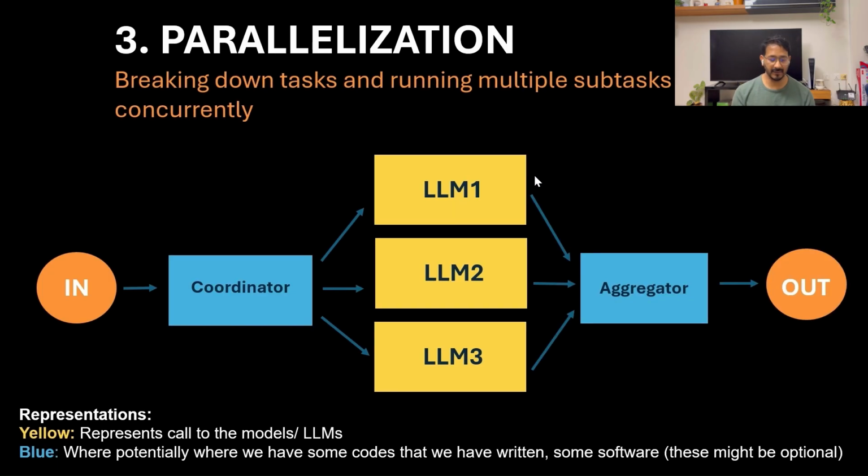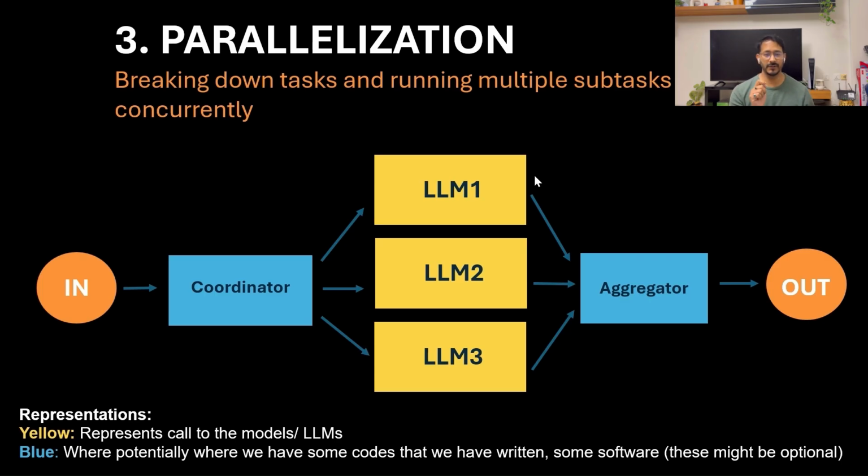In parallelization, there is a coordinator in place of the LLM, which is code itself, and it segregates the work into subtasks, and those subtasks go into the specific LLMs. Then the outputs of each of these LLMs go into the aggregator, which stitches all the outputs together to give us a full solution.